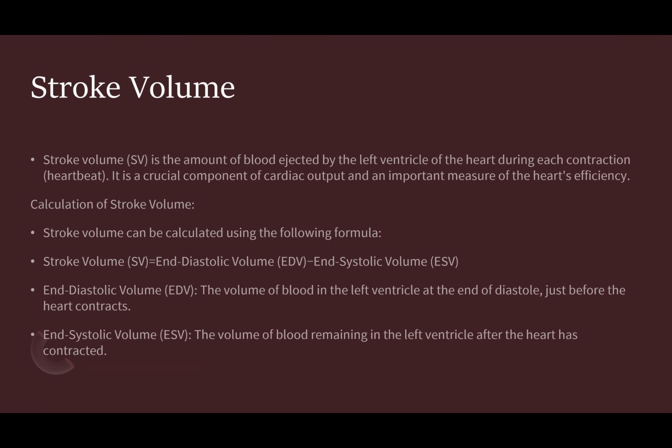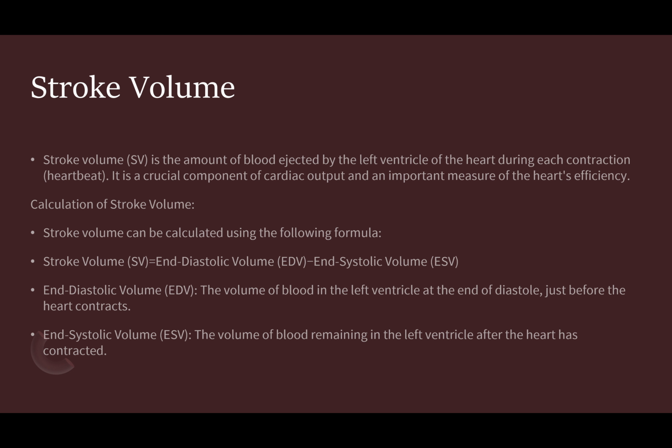What is the calculation for stroke volume? The end diastolic volume minus the end systolic volume. Basically, at the end of diastole, we're going to have some blood still remaining in the ventricle.